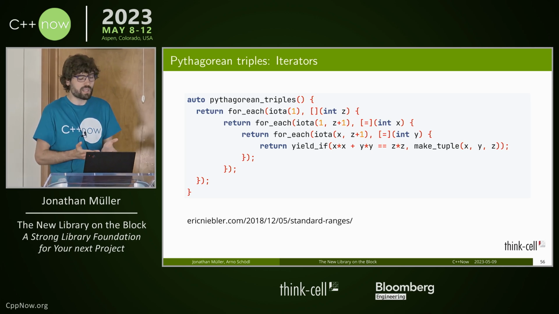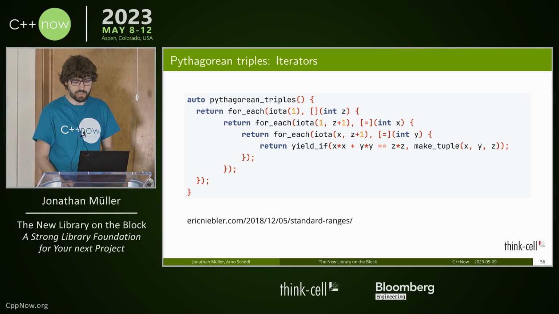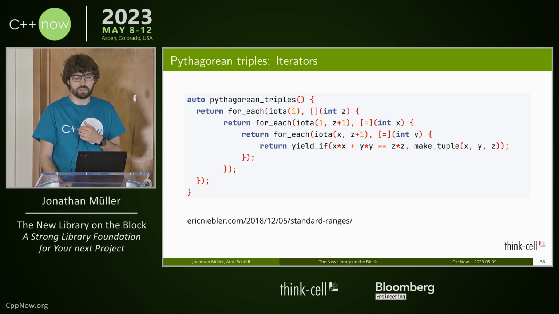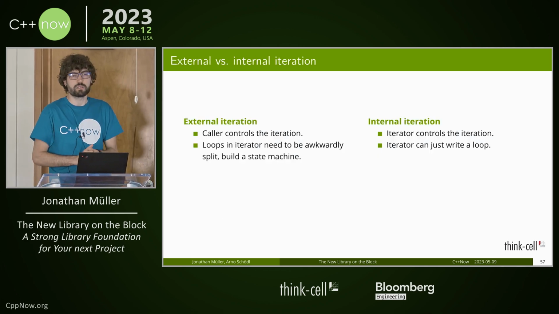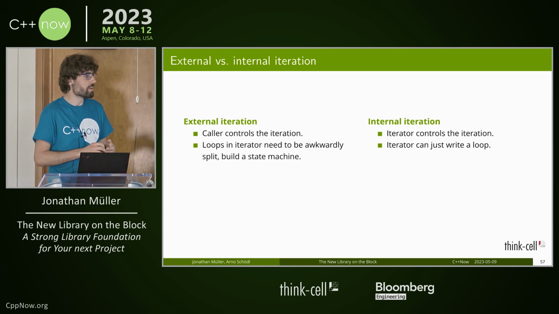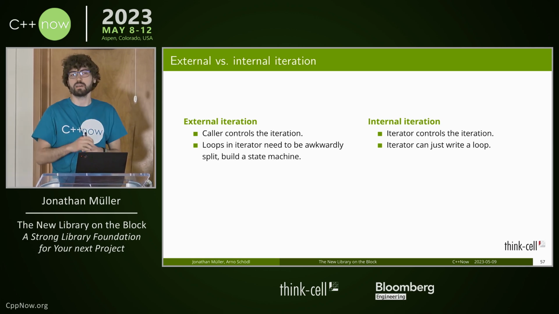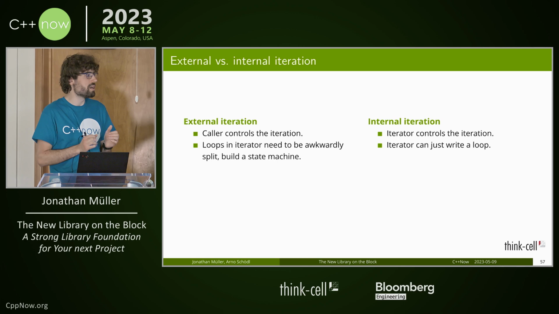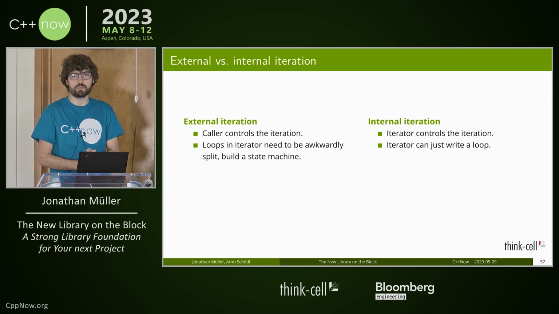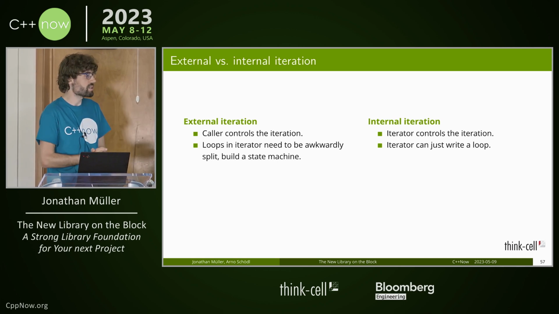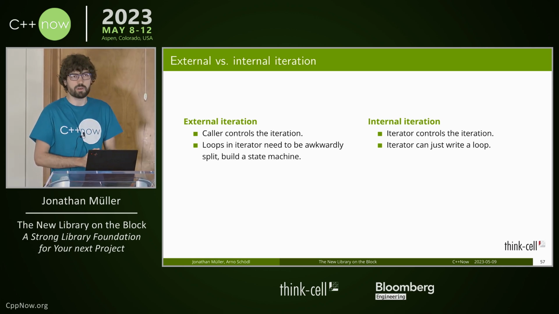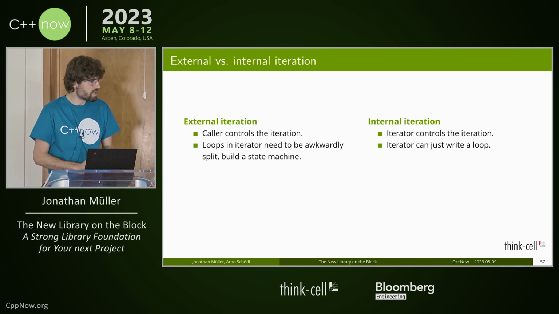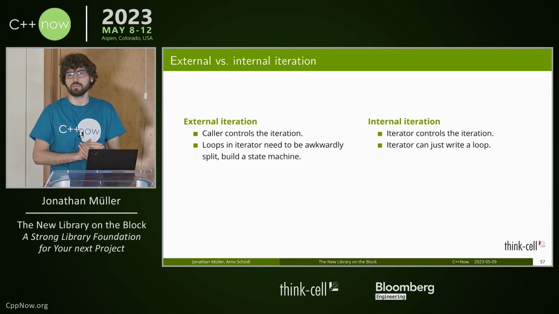And the reason for that is that this sort of code isn't really well suited for iterator ranges because of external versus internal iteration. Iterators are external iteration, where the caller controls the iteration, which is very convenient. The caller can stop at any time, request a new argument, has full control. But when you have an actual loop inside the iterator, it needs to be awkwardly split. You need to create a state machine and so on. In contrast with internal iteration, you just have a function that contains a loop. This is much more convenient, but the caller doesn't have any control over it.